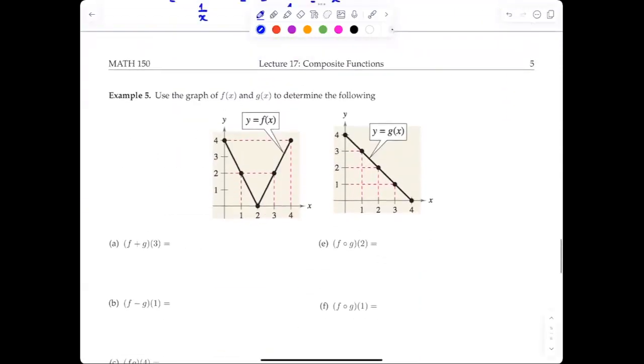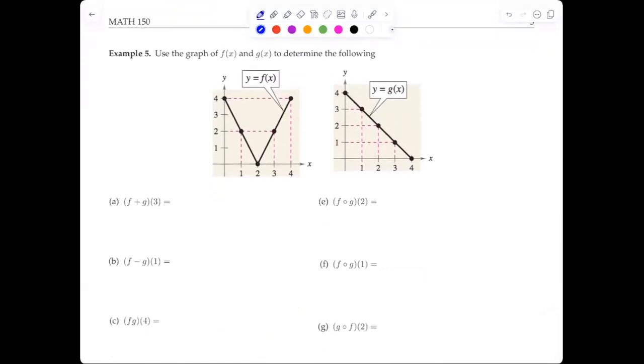Now, in example 5 and example 6, what we're going to do is combine functions, find some composite functions, and then evaluate the function at certain points. So in example 5, you're given two graphs, f of x and g of x, with some values. For part A, you have f plus g of 3. That is f of 3 plus g of 3.